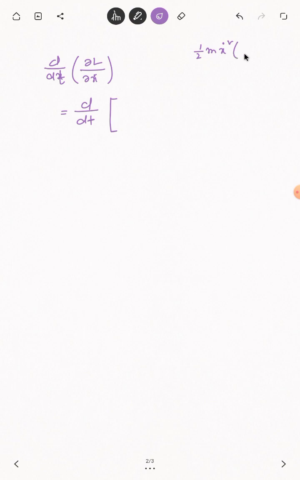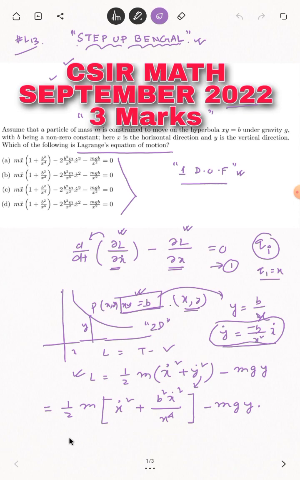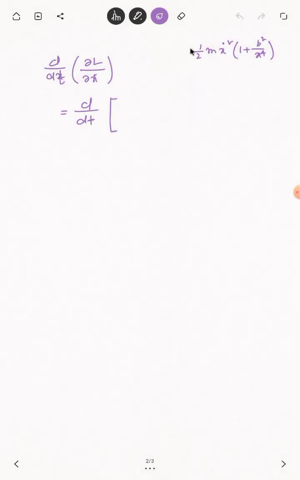First of all, write down the first term of the equation, d/dt of, within bracket, ∂L/∂x dot. We have written this. Now we simply take the d/dt formation and proceed. We will take the derivative of the inside. Keeping the kinetic energy in mind, the kinetic energy was half into m into x dot square into (1 plus b square by x to the power 4). Why? Because if we take x dot square common from here, we will get this expression.